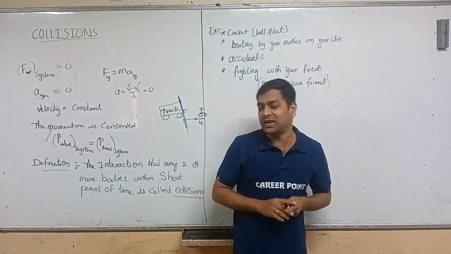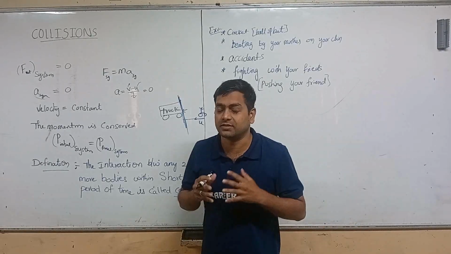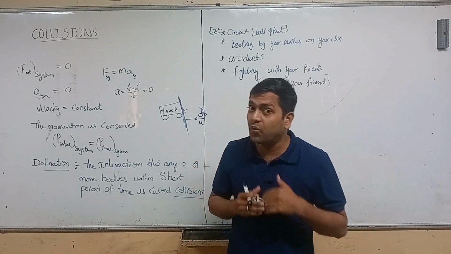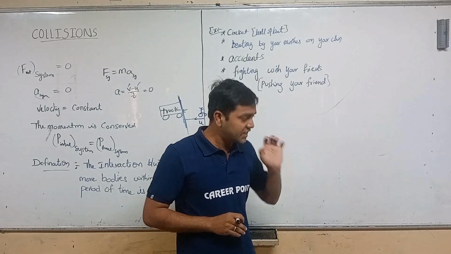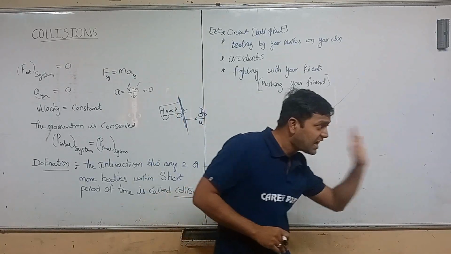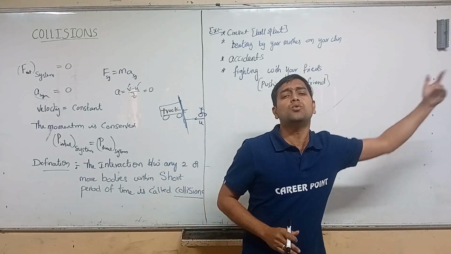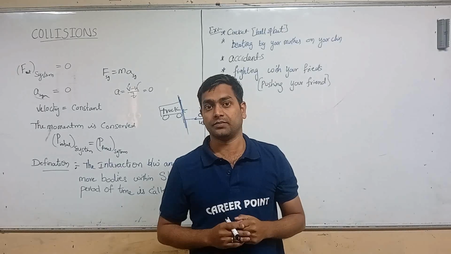In the class, if a person doesn't want to be silent, then he will just push his friend. Then within a short period of time the interaction between the two bodies takes place and that person moves. Then the collision has occurred there.